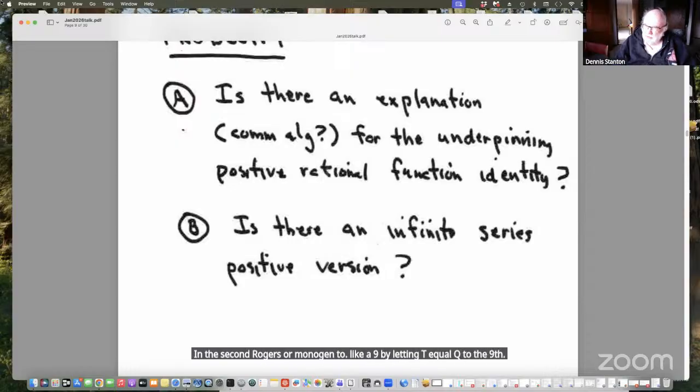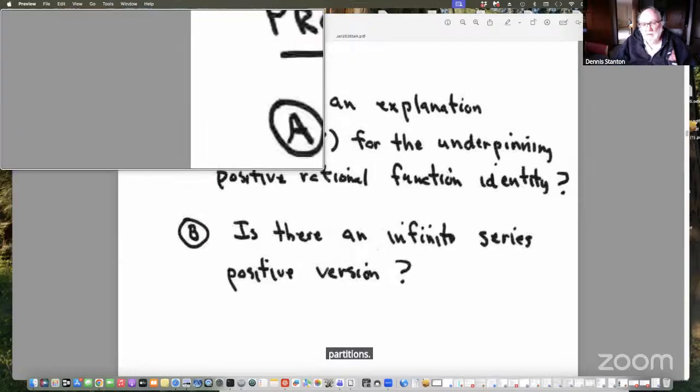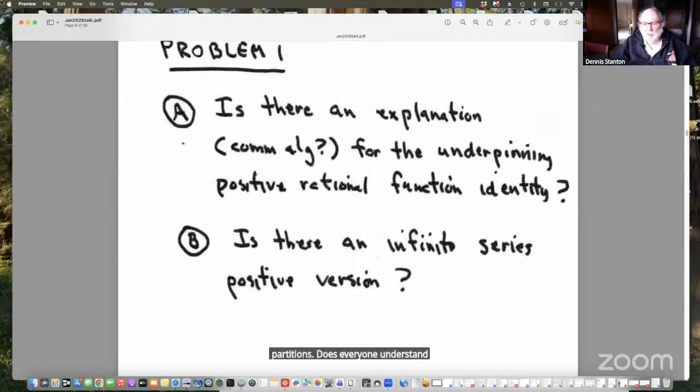So changing a q squared into a q to the 9. So you get theorems of the sort Rogers-Ramanujan with certain things shifted, equal to certain kinds of difference conditions on partitions. Does everyone understand this first problem one?